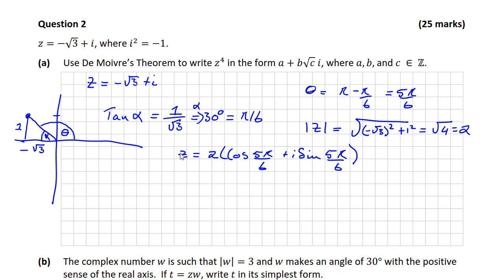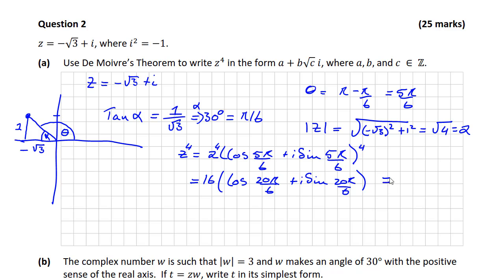And we wish to raise z to the fourth power. So if I just put 4 here, that is equal to 2, 4, 8, 16 times the cosine of 20 pi over 6 plus i sine 20 pi over 6 radians.